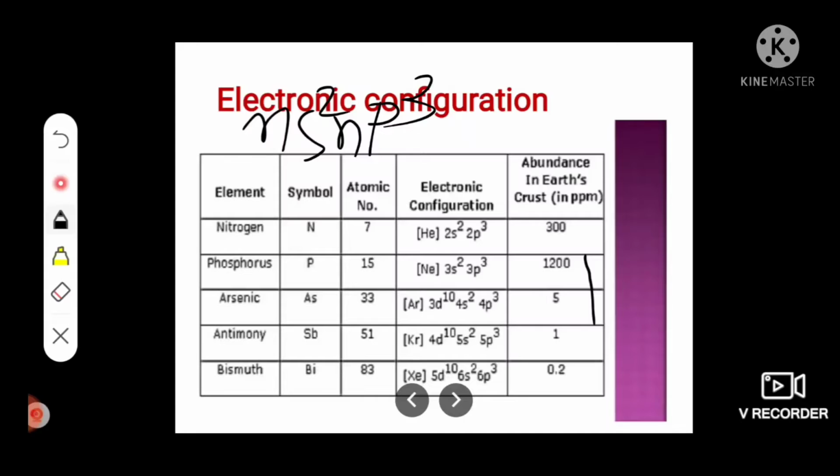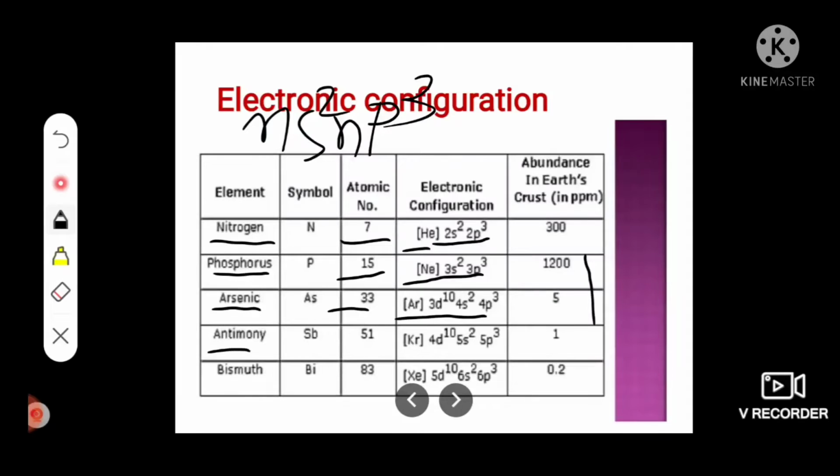The electronic configurations are: nitrogen, atomic number 7, helium 2s2 2p3. Phosphorus, atomic number 15, neon 3s2 3p3. Arsenic, atomic number 33, argon 3d10 4s2 4p3.